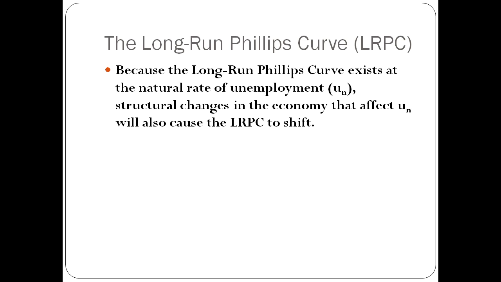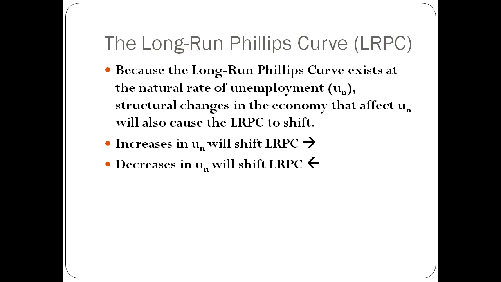Let's continue to talk about the long-run Phillips curve. Because the long-run Phillips curve exists at the natural rate of unemployment, UN, structural changes in the economy that affect the natural rate of unemployment will also cause the long-run Phillips curve to shift. Increases in the natural rate of unemployment will shift the long-run Phillips curve to the right. Decreases in the natural rate of unemployment will shift the long-run Phillips curve to the left.